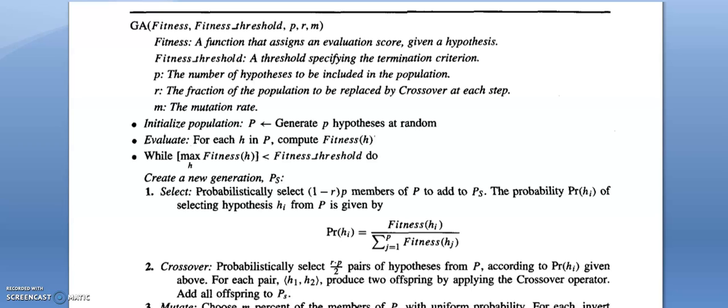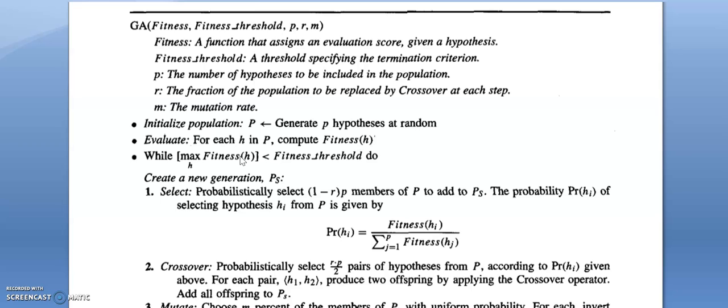Now next we have M, that is the mutation rate. So it denotes that M% of the members from the population should be chosen for the mutation purpose, and it is used just to maintain some diversity in the population, so that we do not get the same solution again and again in the population.